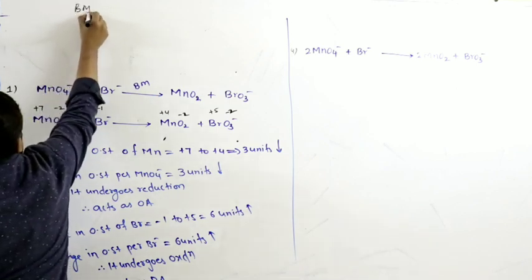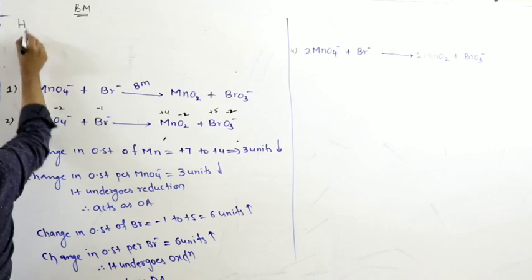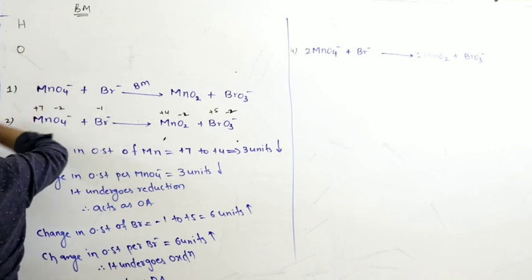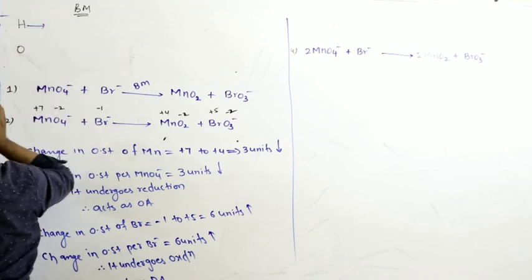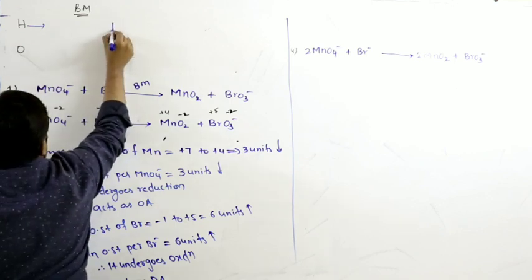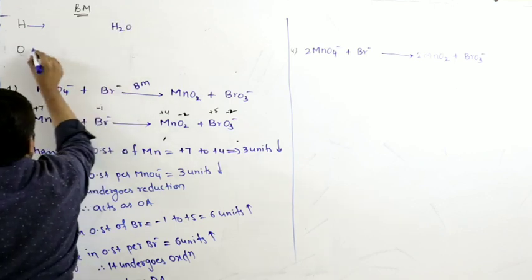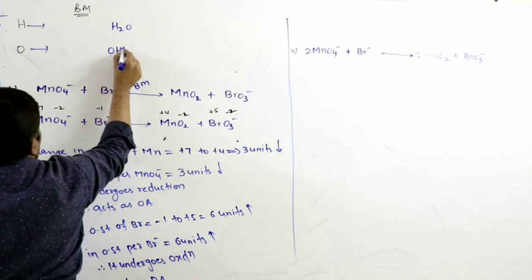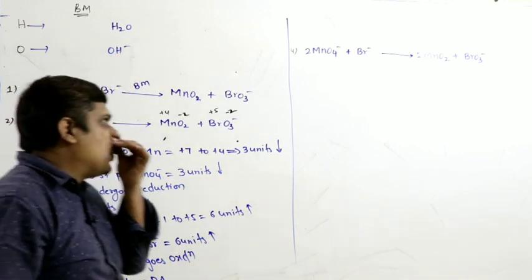So, in basic medium, to balance hydrogen, I have to add water. To balance oxygen, you have to add OH minus wherever required.